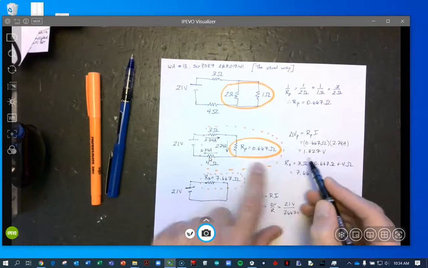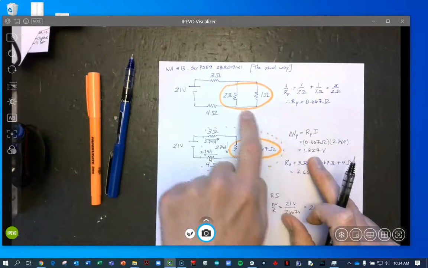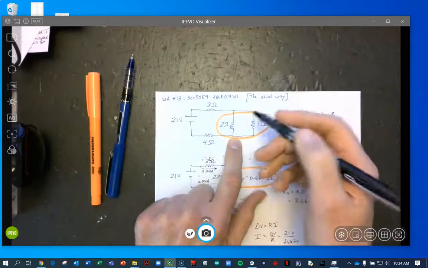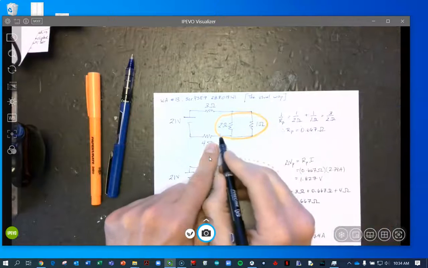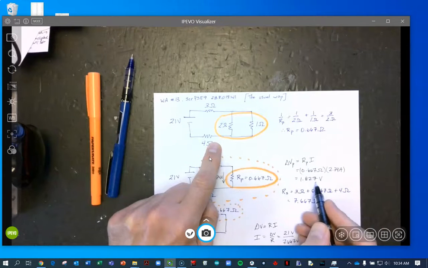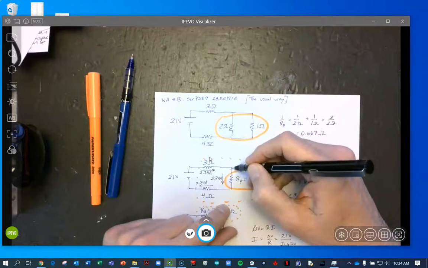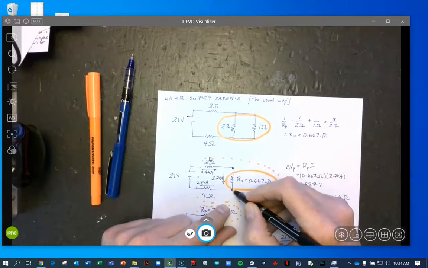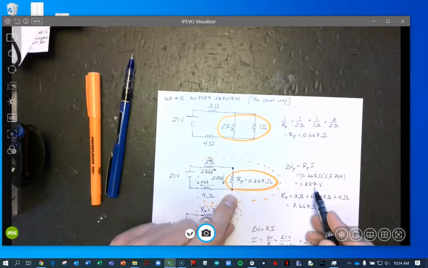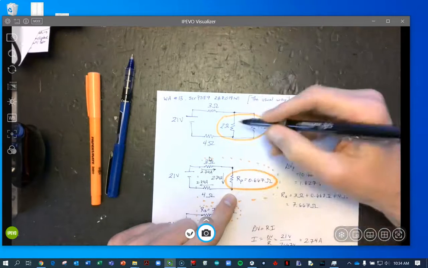So what do we do with that? We take that thing we just calculated and apply it to this. The voltage drop across each of these resistors is 1.827 volts. We know the voltage drop has got to be the same. We know the voltage drop from here to here is 1.827, and those dots are redrawn here and here.